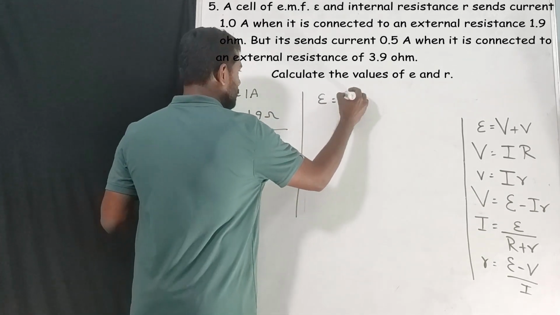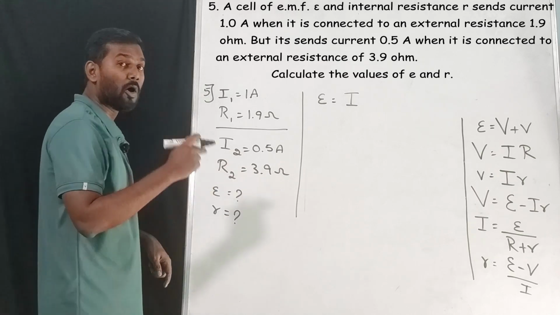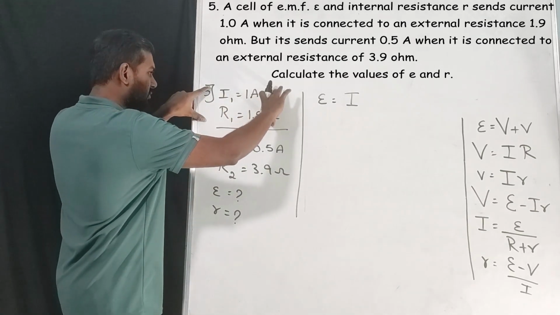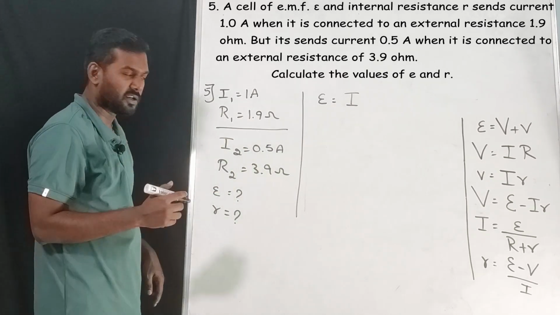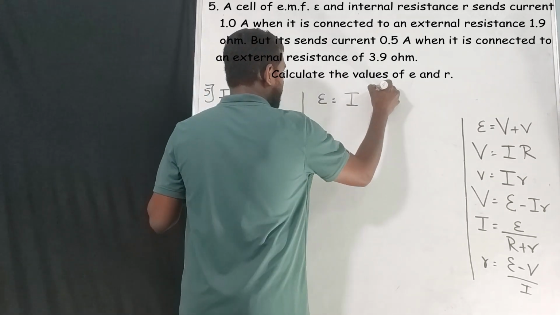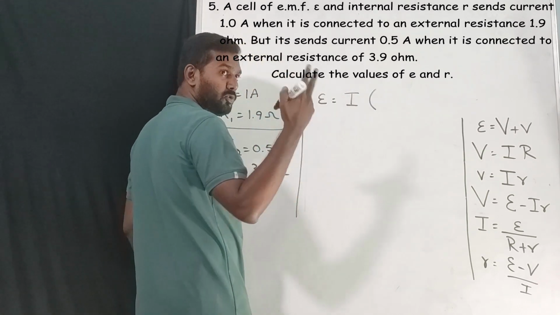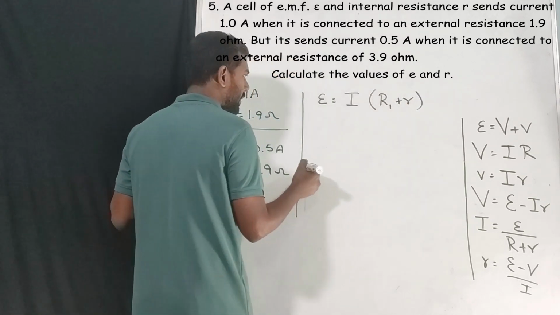There will be only one current in the circuit, correct? But how many resistances do we have here? External resistance and internal resistance. The formula according to Ohm's law is I into R, but here we have two resistances, so E = I1 (R1 + r).